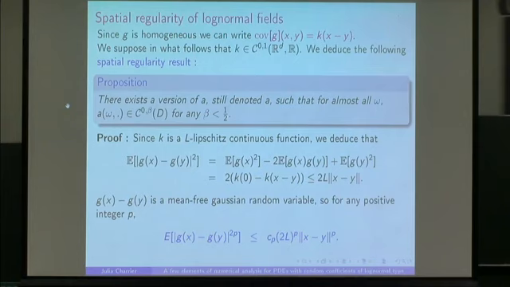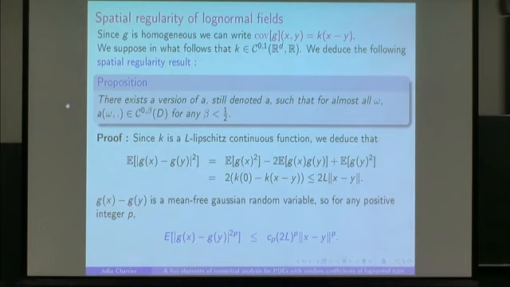So if you suppose the function k to be Lipschitz, for fixed omega, you have that A, which is a log-normal field, is a beta-Hölder continuous function of x for any beta lower than 1/2.